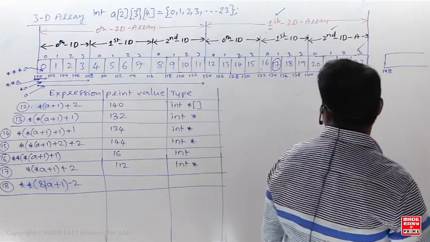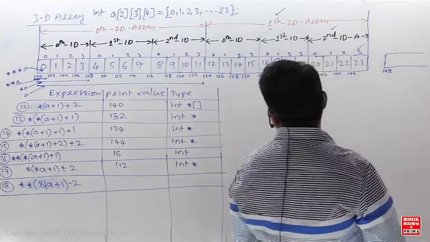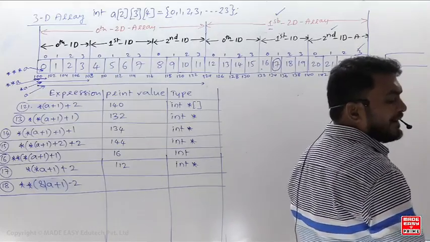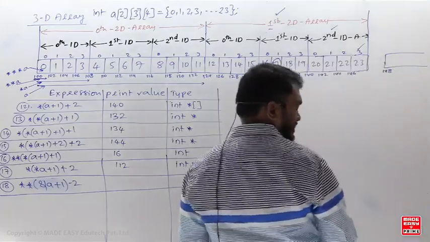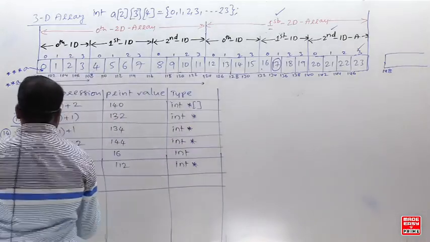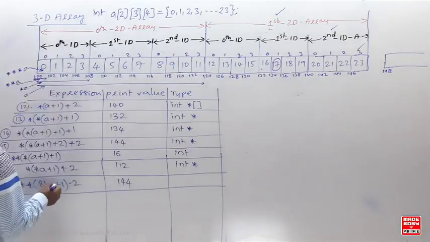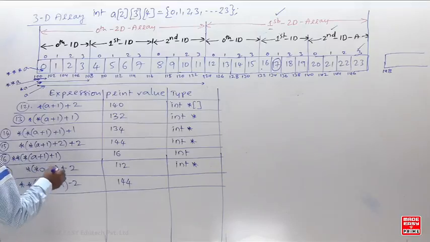Right, so it is going to print what? 144. Okay, listen here. Ampersand A plus 1.